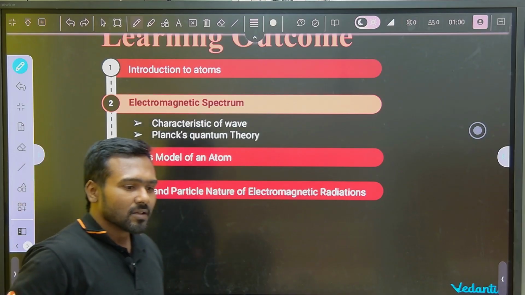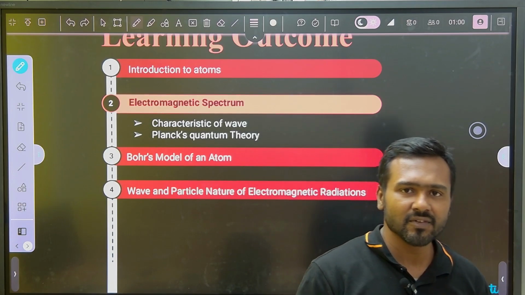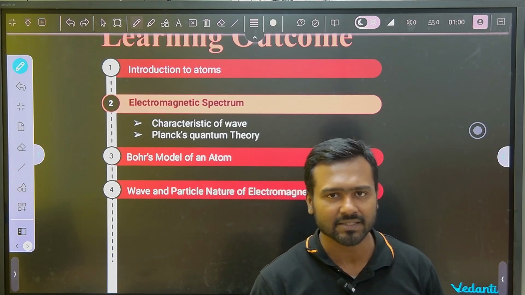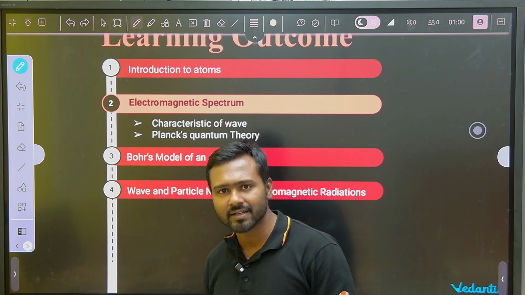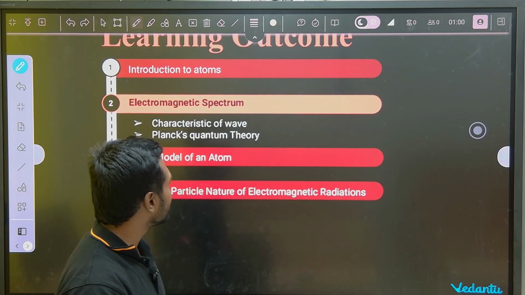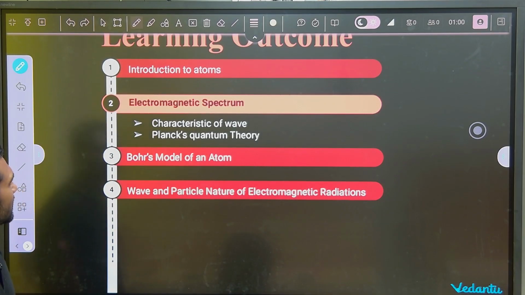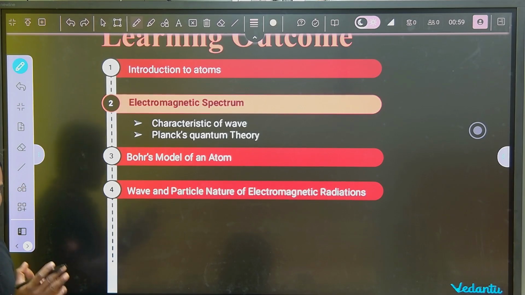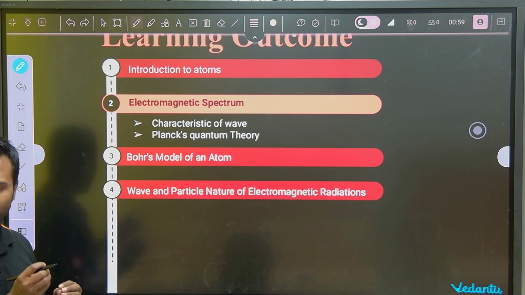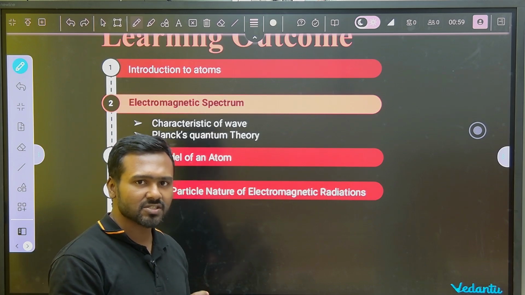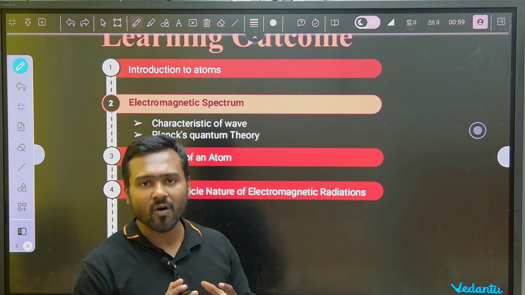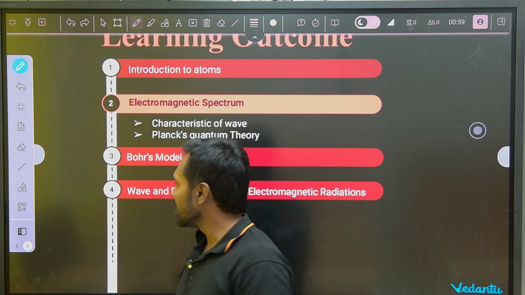Okay. So next topic, we will see the electromagnetic spectrum. In this electromagnetic spectrum, we will see the characteristics of the wave and Planck's quantum theory.